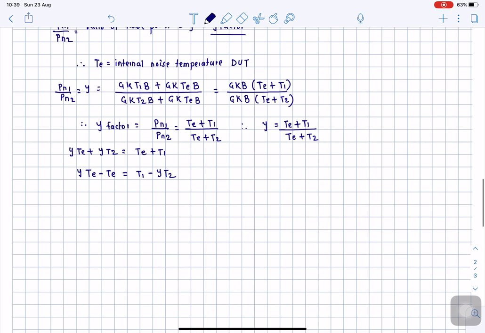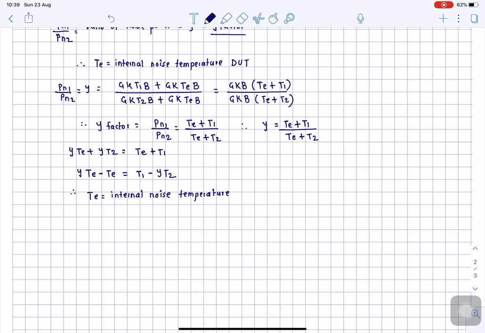Therefore, from the left hand side, we can take out common Te, which is the internal noise temperature.